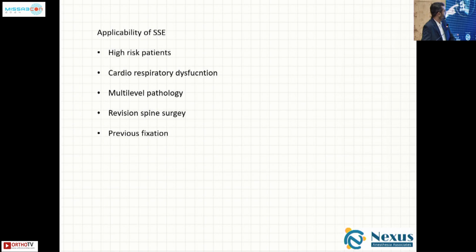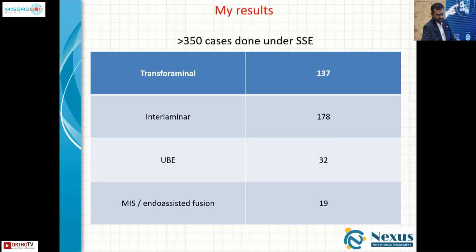We have been doing SSE in all high-risk patients with cardiorespiratory dysfunction, and multi-level pathology can be addressed, including revision spine surgery or previous fixation. These are my results: we have done more than 350 cases under SSE, including transforaminal, interlaminar, UBE and MIS cases, and endovascular infusion. Thank you.